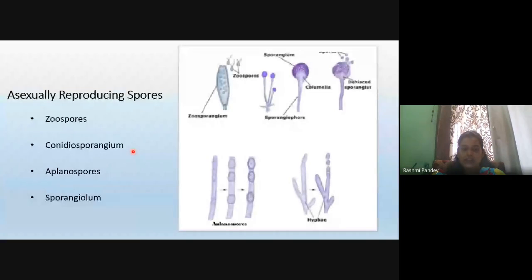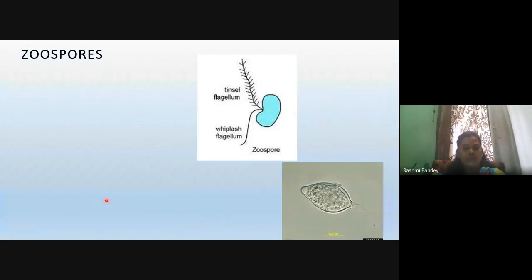This is again an apparatus which will be harboring different kinds of spores. So basically we can see there are two different types of spores, zoospores and aplanospores. And there could be different kinds of apparatus which may give rise to new organisms of the same kind.